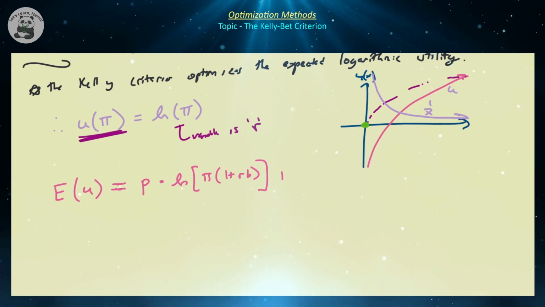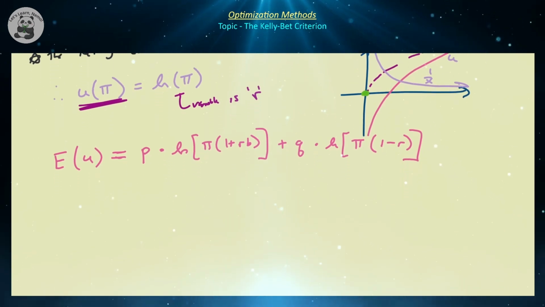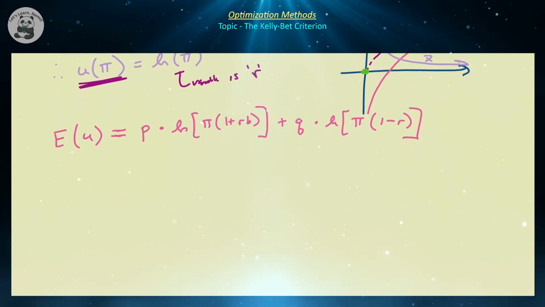And then we have the probability of losing, which I'm going to denote by q, times the natural log of Pi times 1 minus R. And the goal here is to optimize this particular function with respect to R and find the value of R that satisfies that particular relation. So this is the expected value of the logarithmic utility. Right? Now, if we didn't use natural logs, keep in mind that's how much money we would get, and that's how much money we would get if we lost. Right?